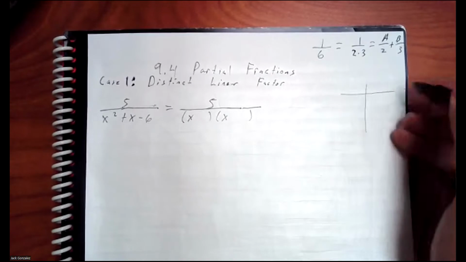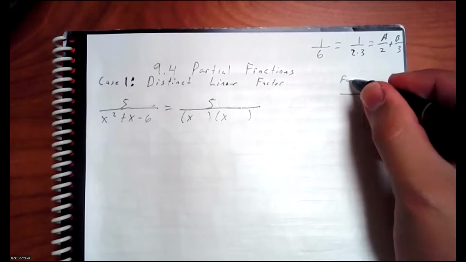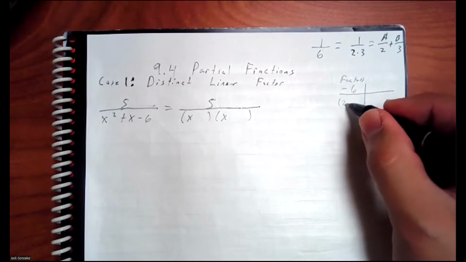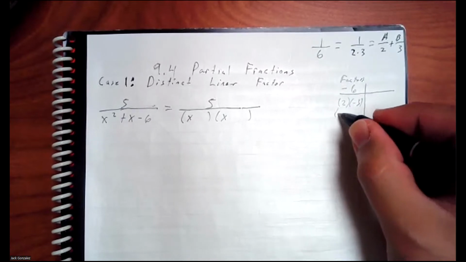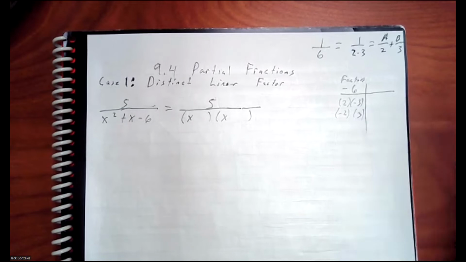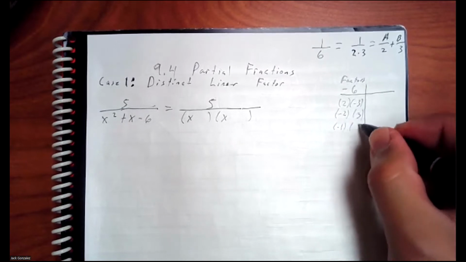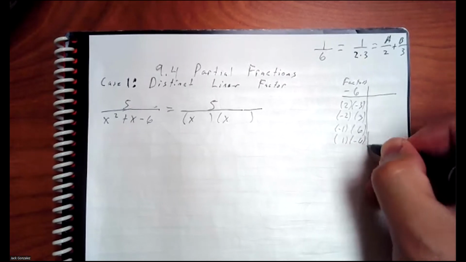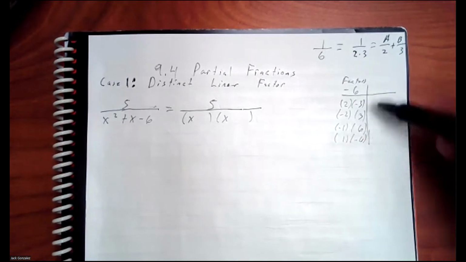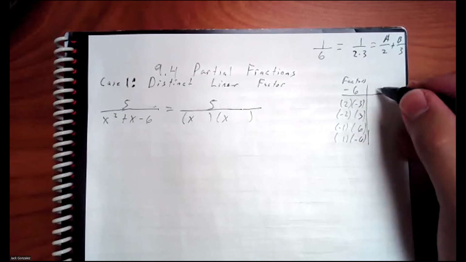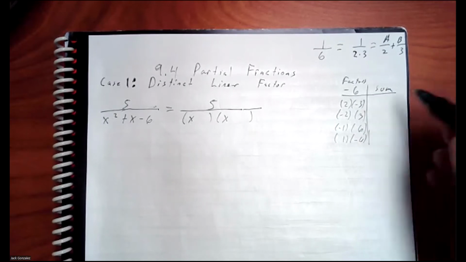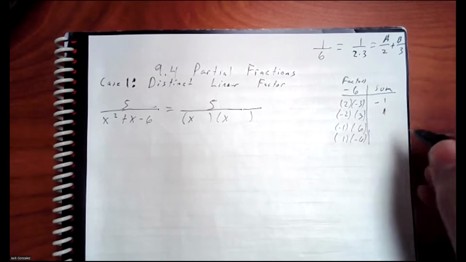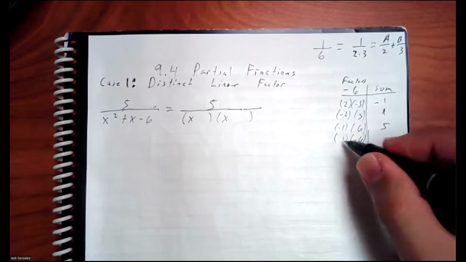Just a quick review. Put the factors here of -6: 2 and -3, -2 and 3, -1 and 6, 1 and -6, right? So you just write down all the factors to get -6, and then you sum them over here. 2 minus 3, -2 plus 3, -1 plus 6, 1 minus 6.